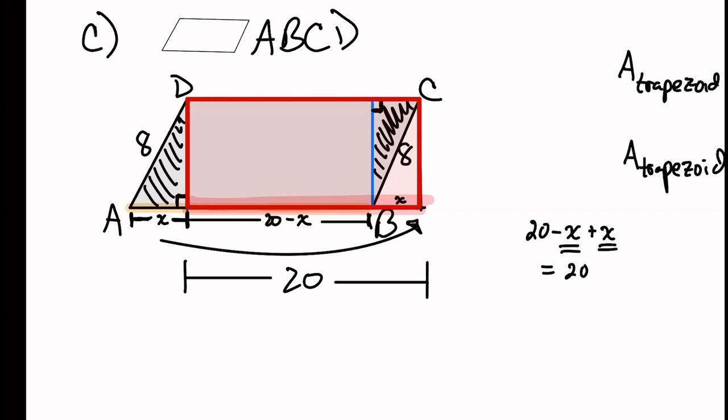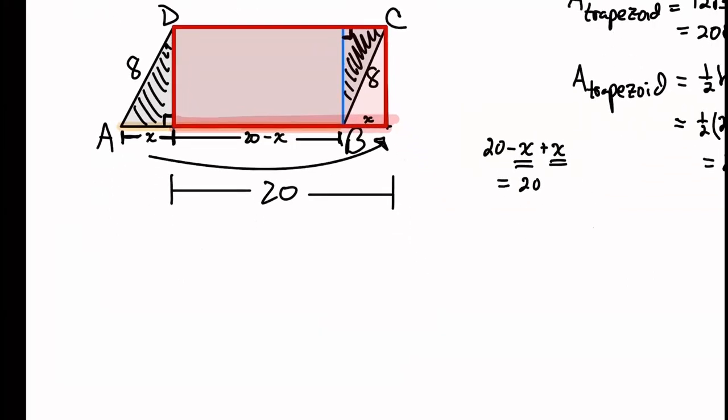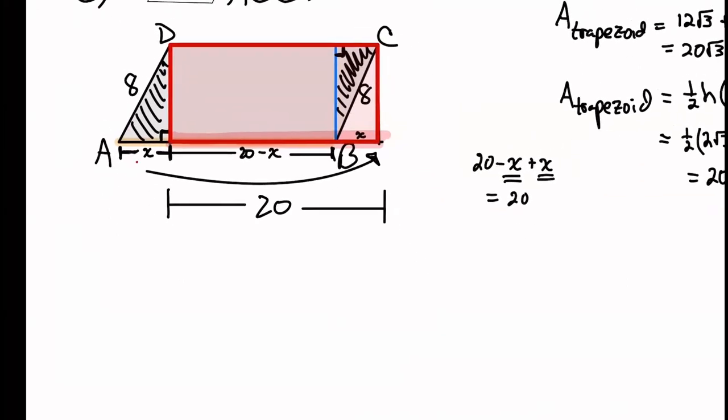Let's say, for example, x is 3. So instead of saying it's x, it's 3. All right. So now I know this little segment here is 3. I can figure out the height. All right.